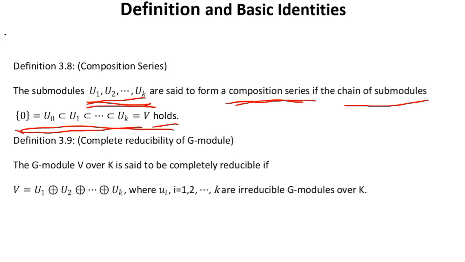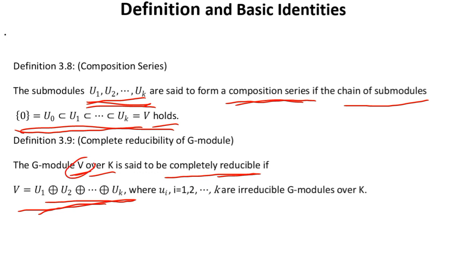Okay, now the next definition is 3.9. It says complete reducibility of a G module. If you are told to define the complete reducibility of a G module, you simply say the G module V over field K is said to be completely reducible, so you can break it completely, if this sum exists. Can you see the direct sum of the Ui's?